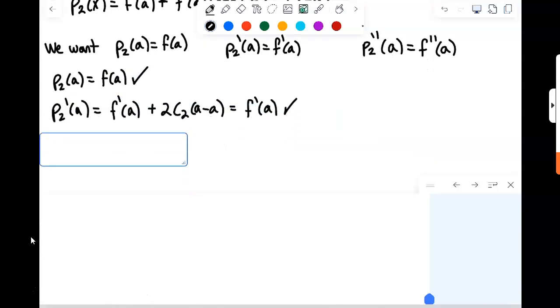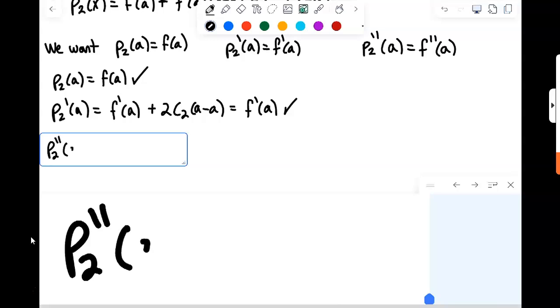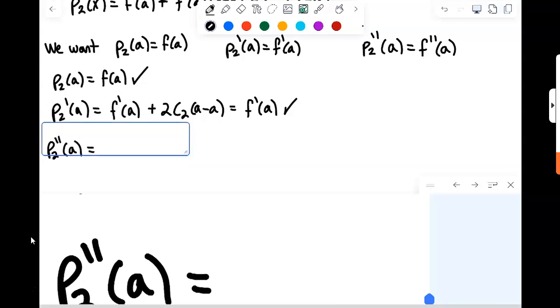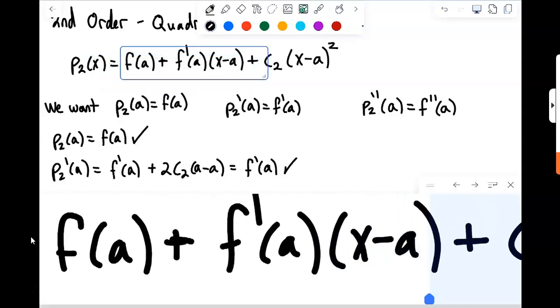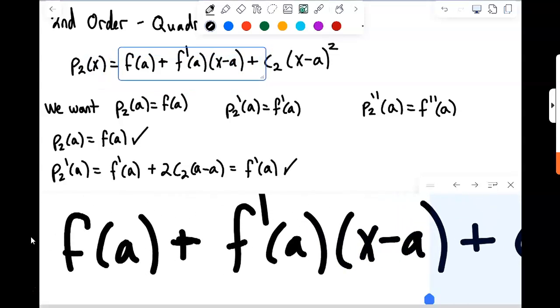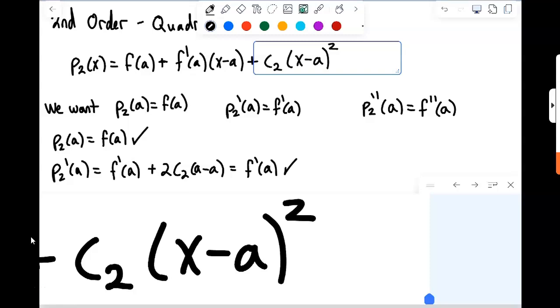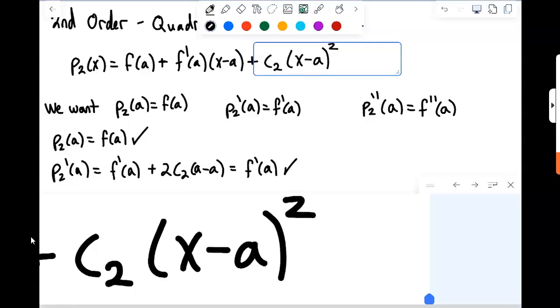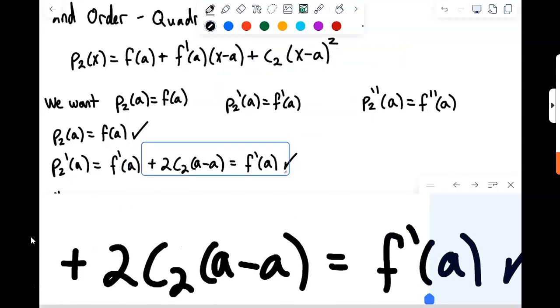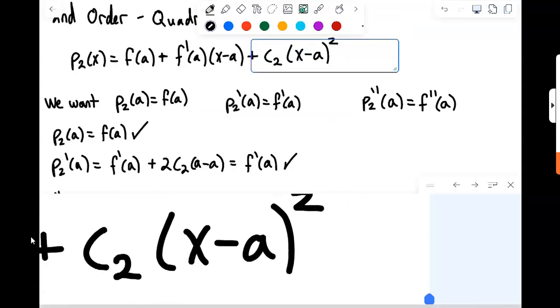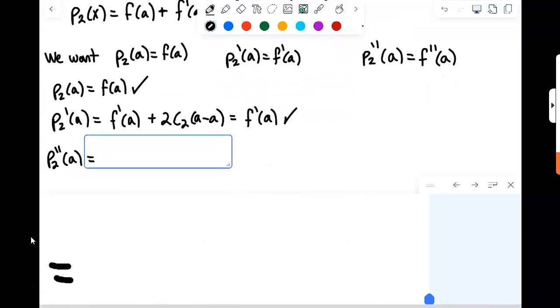So then finally, what about the second derivative? Second derivative of P2, we want to make sure it has the same concavity. Well, if you took the derivative twice, these first two terms are gone, and that would just be the derivative of 2c2 x minus a, and then take the derivative of that, that would just be 2c2.